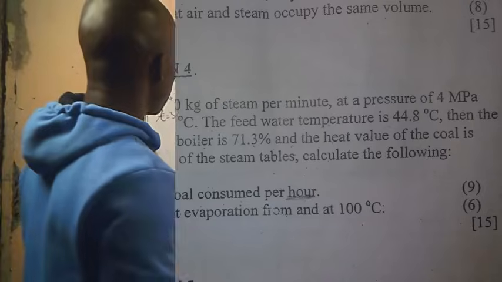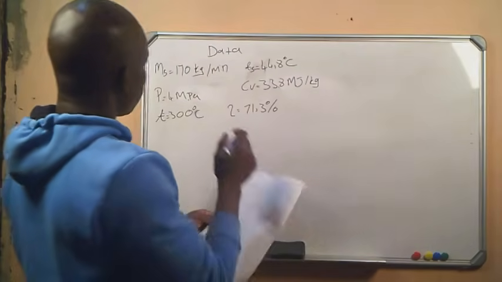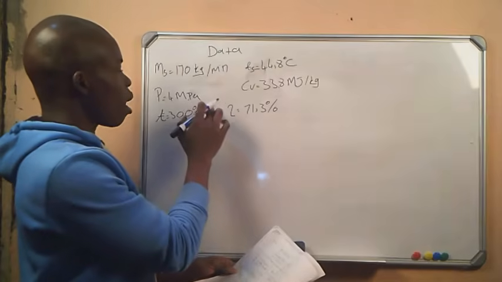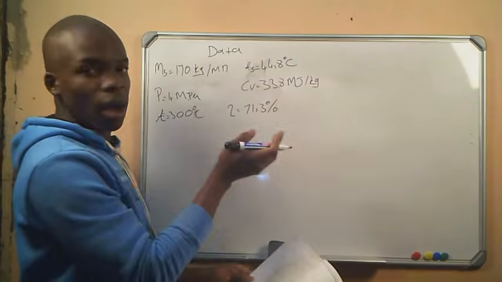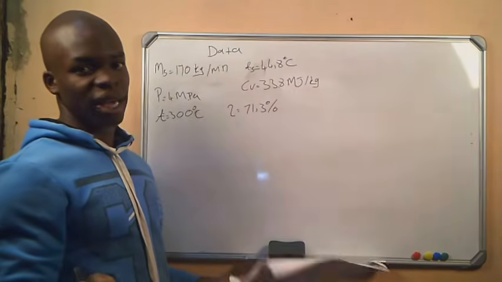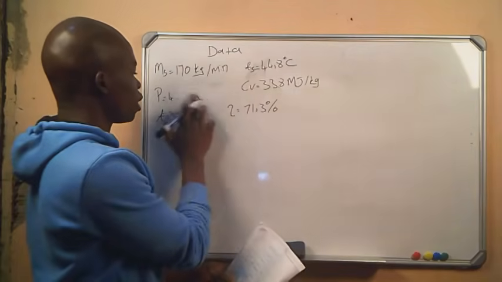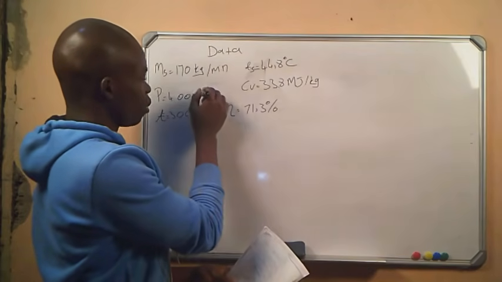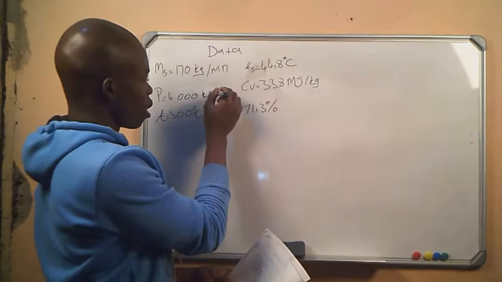With the aid of the steam table, calculate the following. So we have our data written down, and we have our pressure given as 4 megapascal, but we know that we are always using our pressure in kilopascal, so we can convert this into 4,000 kilopascal.